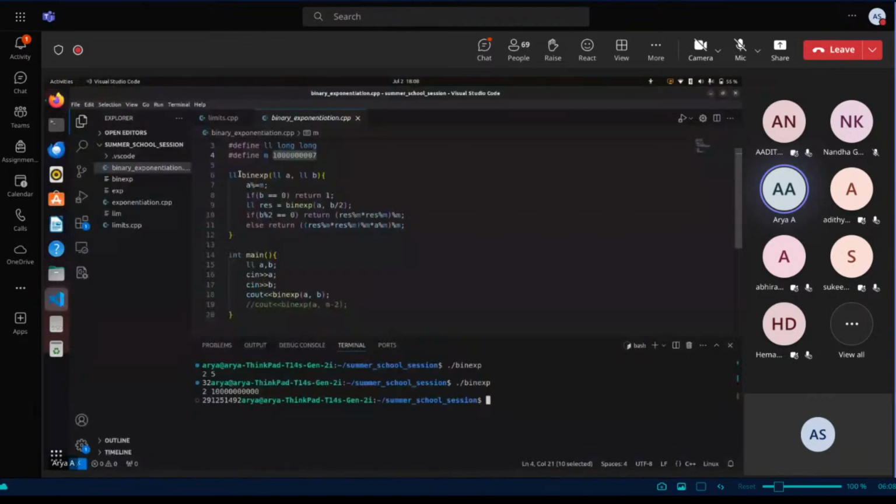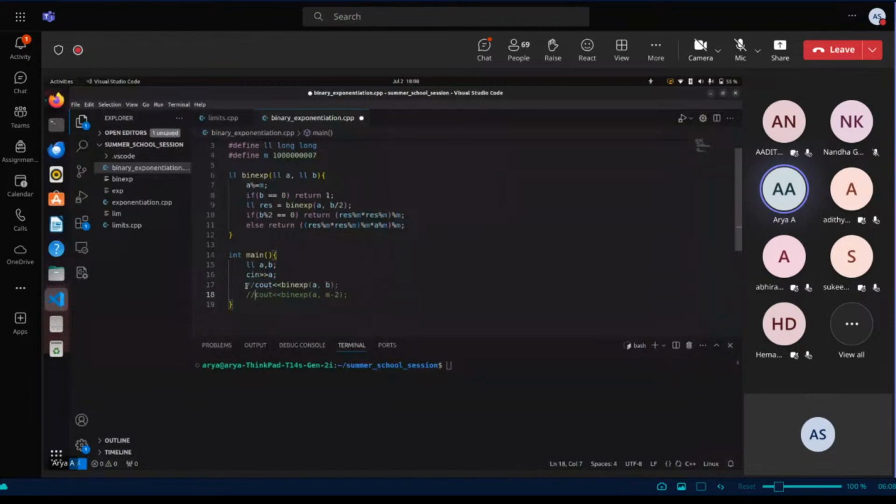So we will be using this function to calculate a modular inverse. Let's try doing that also. So instead of taking any separate b, let me do this. What this is doing is I'm calling binexp but with a and m minus 2. So this is going to output a power m minus 2 mod m, which is nothing but the modular inverse of a mod m.